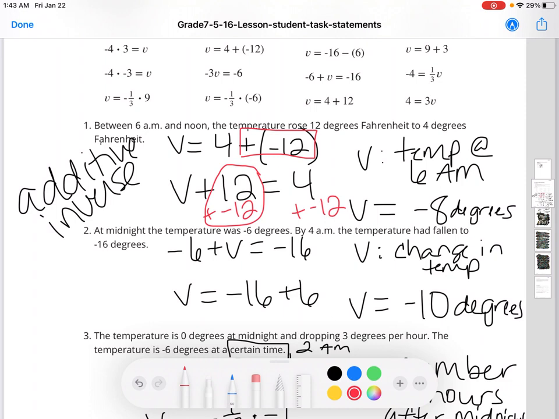So we had a -6 here. So the additive inverse would be +6. So -6 plus 6 would give me 0. And 0 plus V equals V. And since I added 6 on the left side, I also have to do it to the right side, which is where the second equation comes in at -16 plus 6.